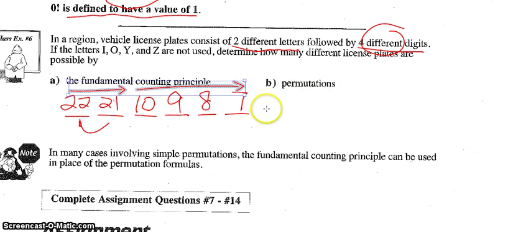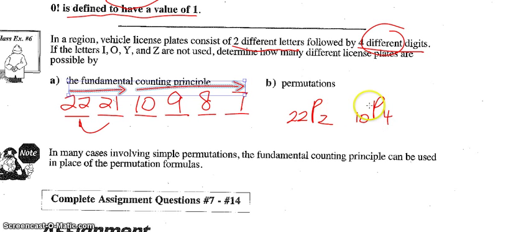All right, permutation, how do you solve it? Basically, you have 22 letters to choose from. You're only picking 2 of them. And then the order is important. And then you have 10 digits to choose from. You're picking 4 of them to form your vehicle license plate.